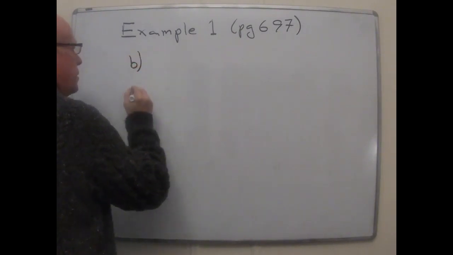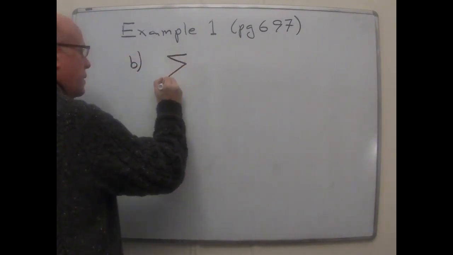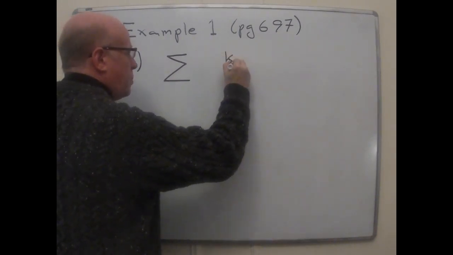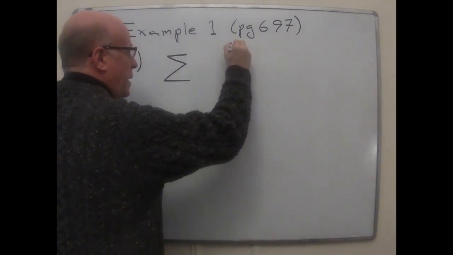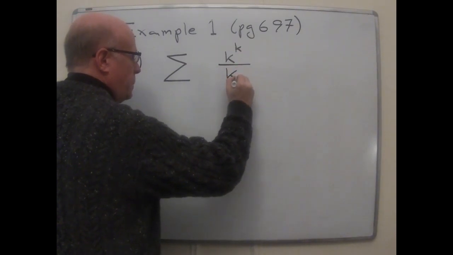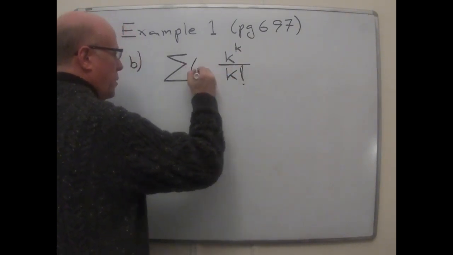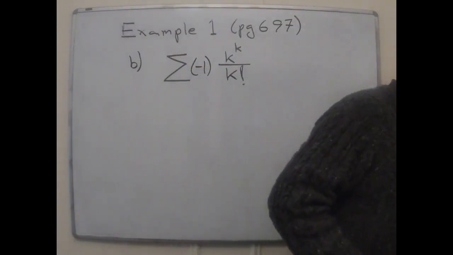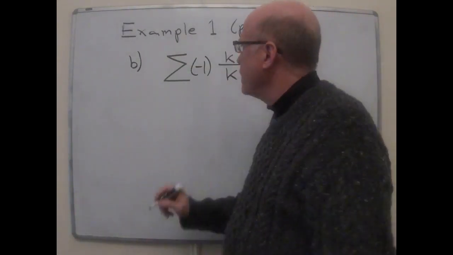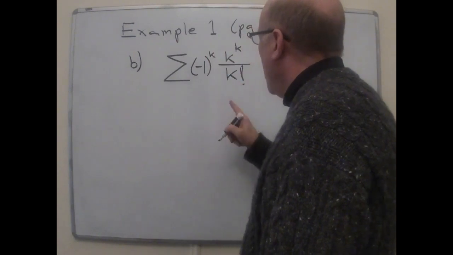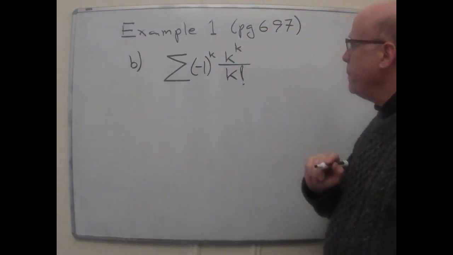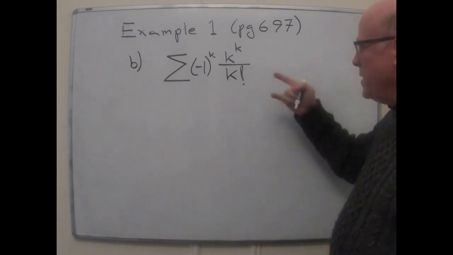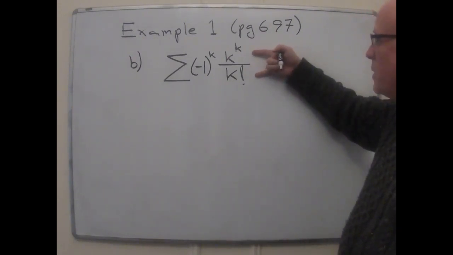Now the series involved here is kind of an interesting one. The positive part of it looks like k to the k over k factorial. And then there's an alternation in it, minus 1 to the k power. So all the odd number terms will be negative. Right? And you might say, gee, do you think this even converges?